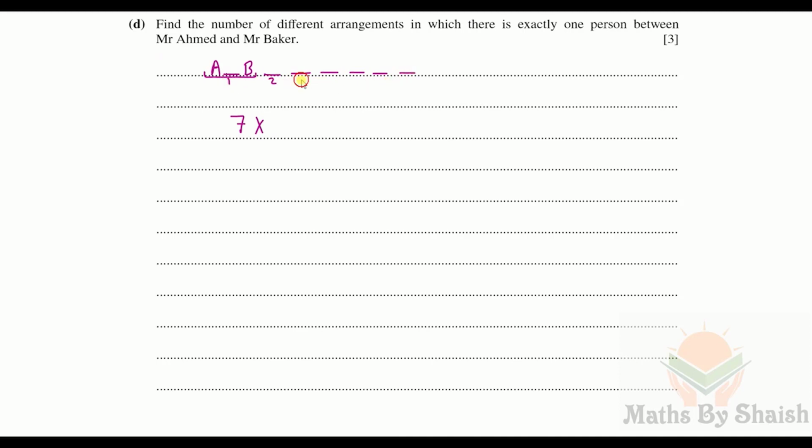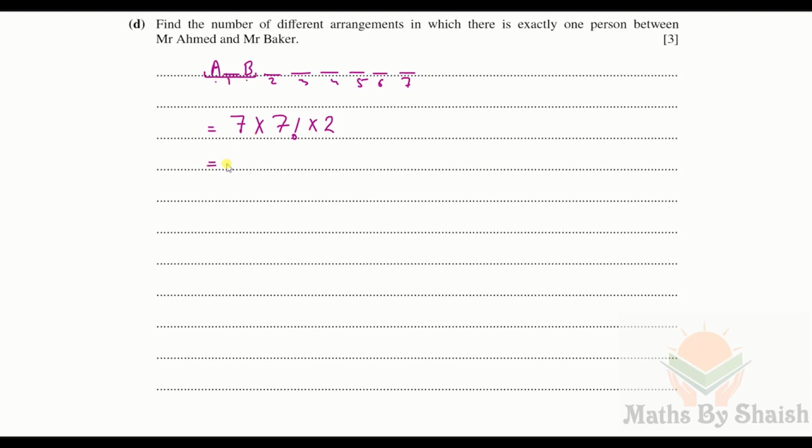Now we have 1 2 3 4 5 6 7 places to arrange in a single line, so it is going to be 7 factorial and multiplied by 2 factorial, that is 2, because they can also interchange their places. Ahmed can come to the last, and Baker can come to the first one.